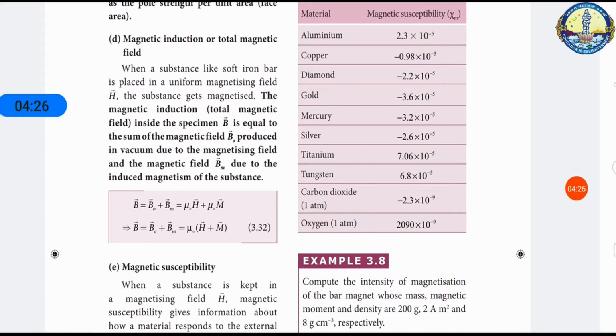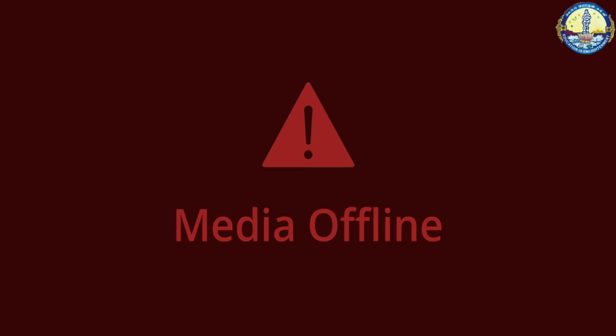Magnetic susceptibility. When a substance is kept in a magnetizing field H, magnetic susceptibility gives information about how a material responds to the external applied magnetic field. In other words, magnetic susceptibility measures how easily and how strongly a material can be magnetized.